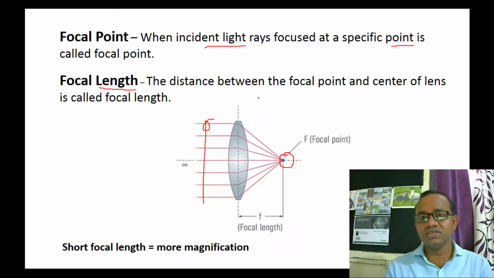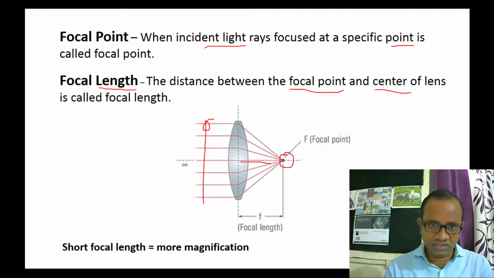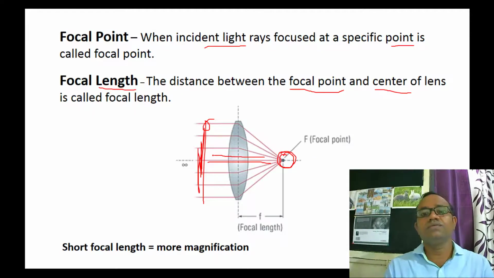It is the distance between the focal point and the center of the lens. That means this distance is called the focal length. These are the light rays, which go on to the focal point. So the distance between the light rays and the focal point is called the focal length.